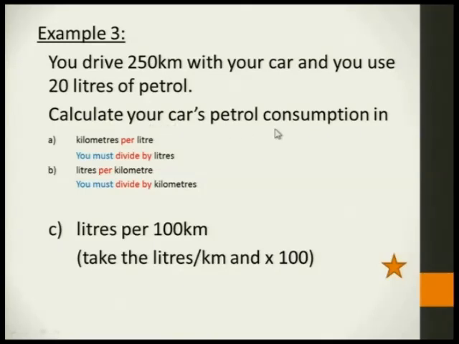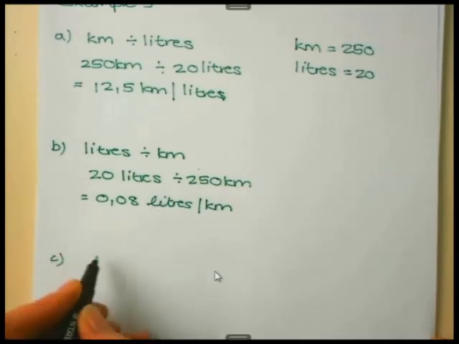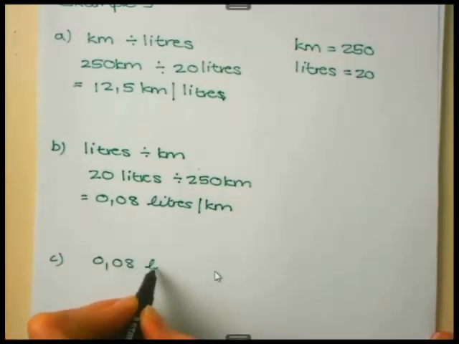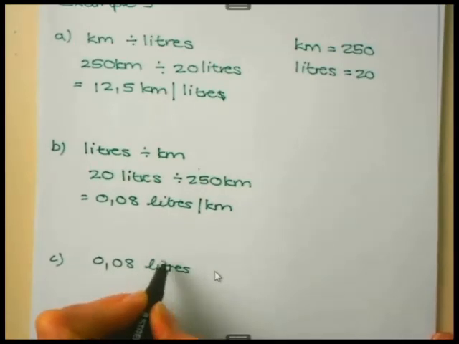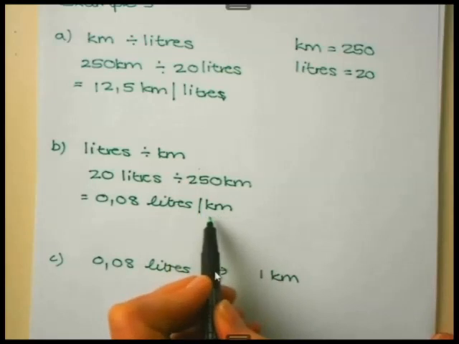Now the last part of the question, this sometimes does come up in a paper, where it says, calculate your car's petrol consumption in liters per 100 kilometers. So now we've got to first take how many liters it was for 1 kilometer, and then we're going to multiply by 100. So let's have a look at that sum. It's liters per 100 kilometers. If we look here, it was 0.08 liters for 1 kilometer, per kilometer.